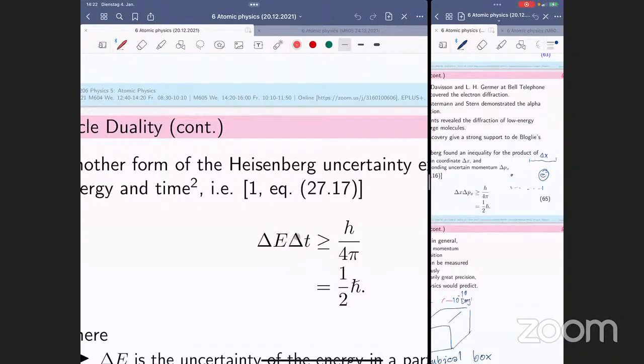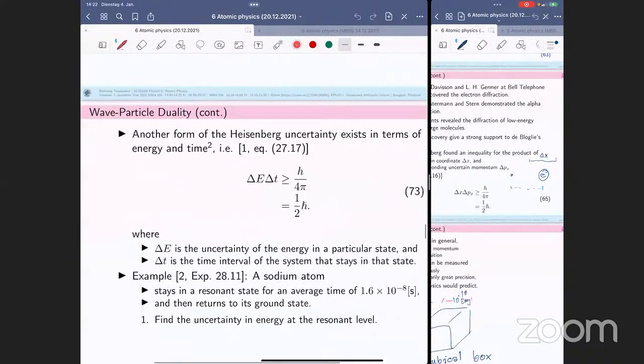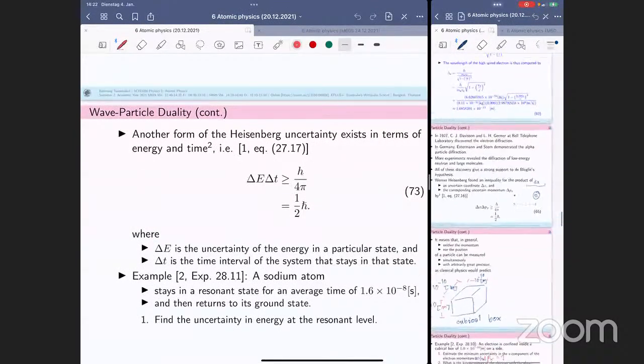The product of these two terms is again similar to 65. It's greater than or equal to h by 4 pi. It's not less than half the h-bar, the angular version of the Max Planck constant. That's the whole thing here.